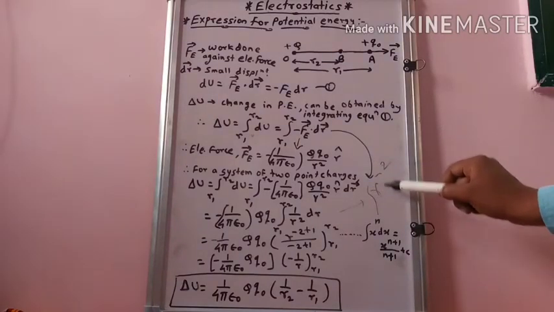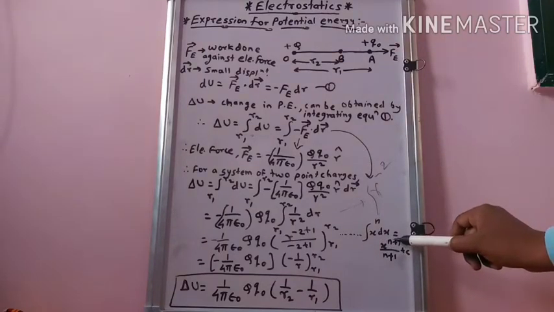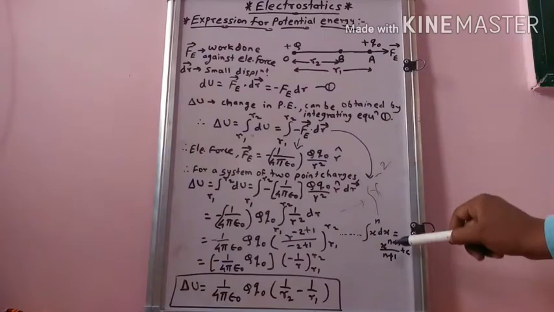The integration of r raised to minus 2 is, by this formula, x raised to n plus 1, where the value of n is minus 2, so minus 2 plus 1.